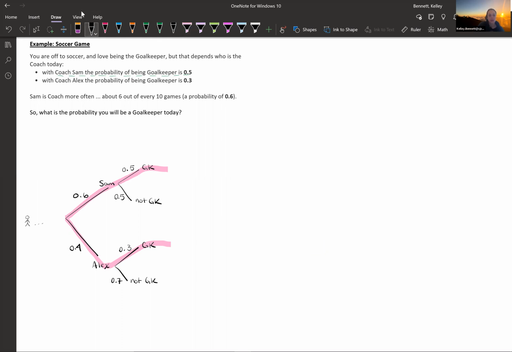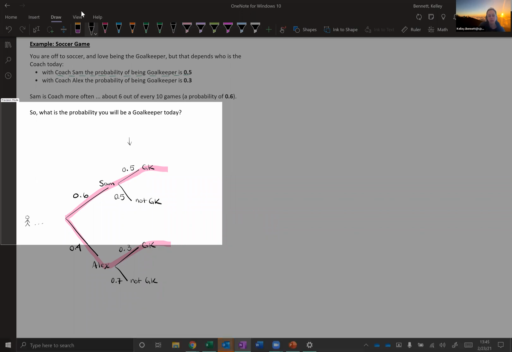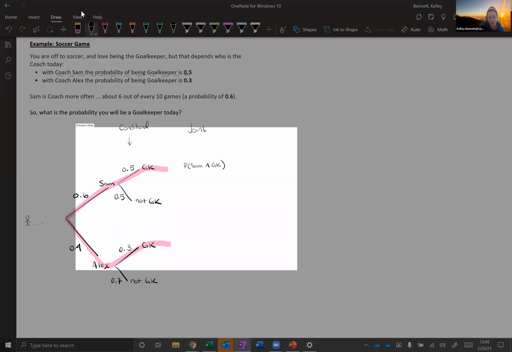Let's recall that the secondary branch is your conditional probability. Given that Sam is the coach, we know that I have a 0.5 chance of being goalkeeper. So this is our conditional. And if we multiply these together, we get our joint probabilities. So the probability of Sam and being selected goalkeeper is one such thing that can get me where I need to be.